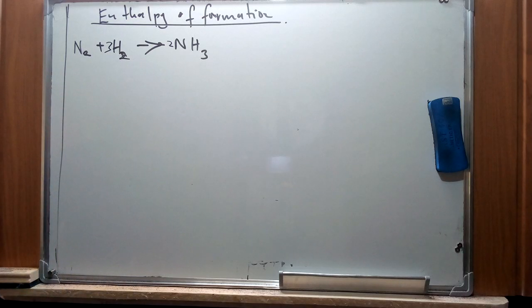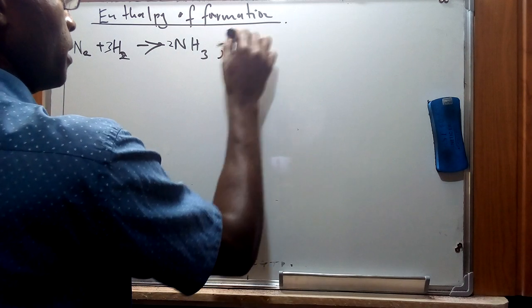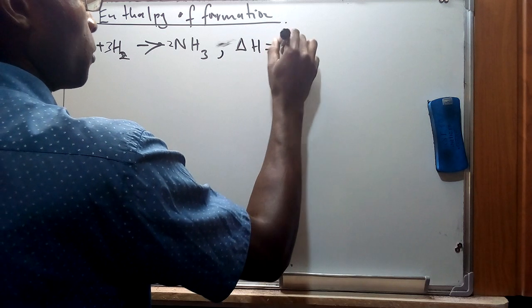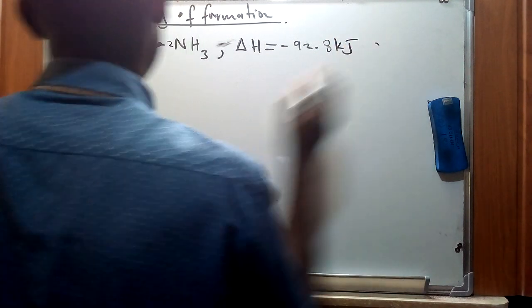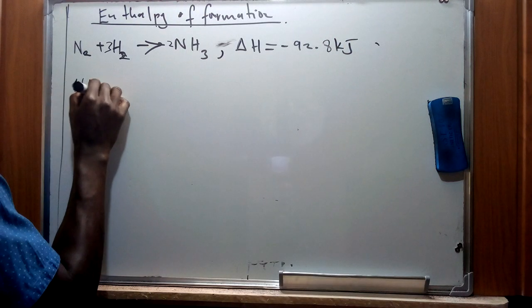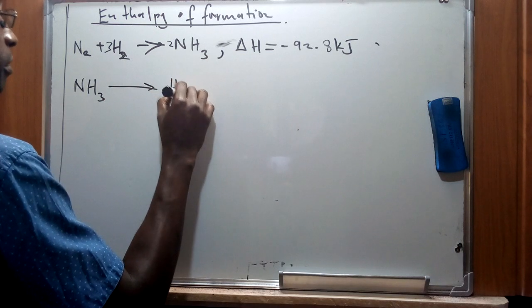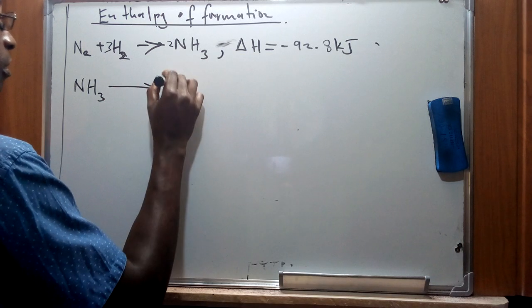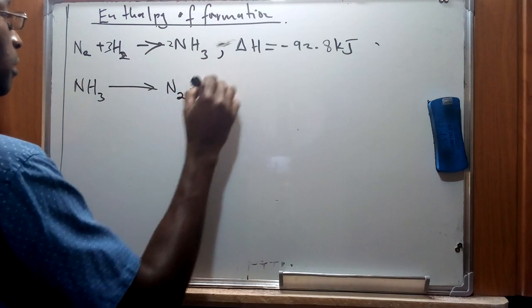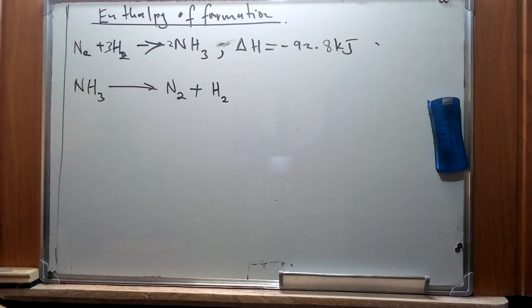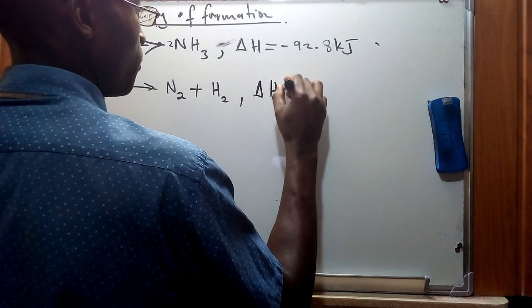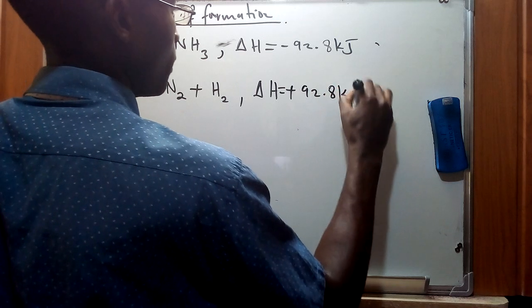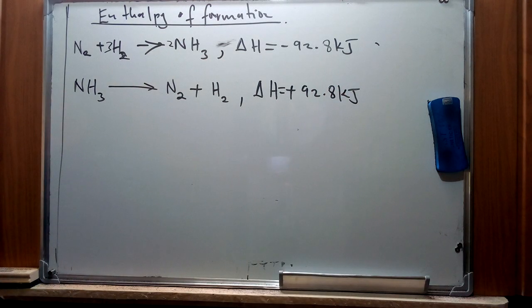So if we have formation of ammonia and the change in enthalpy is going to be negative 92.8 kilojoules. If I reverse this reaction whereby I'll have ammonia that is breaking into constituent atoms, or maybe constituent species which are forming it, I'll have the enthalpy illustrated as change in H positive 92.8. So reversing the reaction will have a net effect of changing the signs of that specific enthalpy.